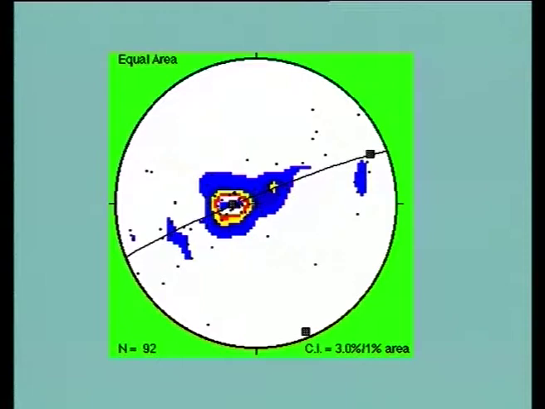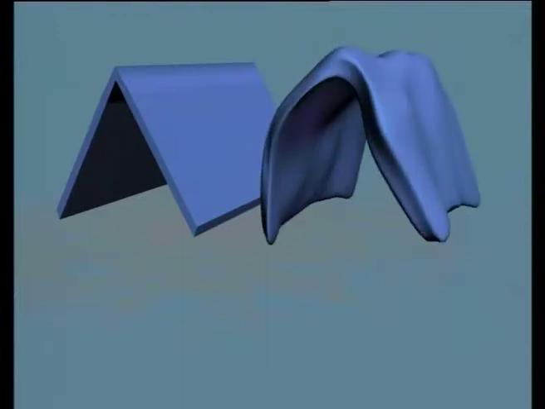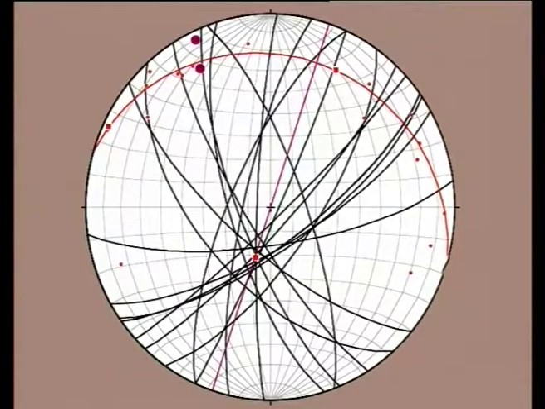Thus, for a non-cylindrical fold showing culminations and depressions, if the data are plotted in a diagram known as a synoptic diagram, on which more than one structural feature is plotted, the axial plane will be plotted as a great circle, and on it the fold axis measured in different subareas or sectors will be plotted at different points.